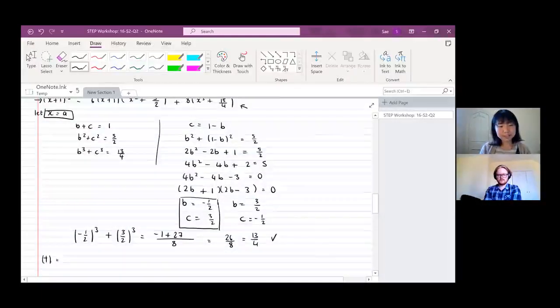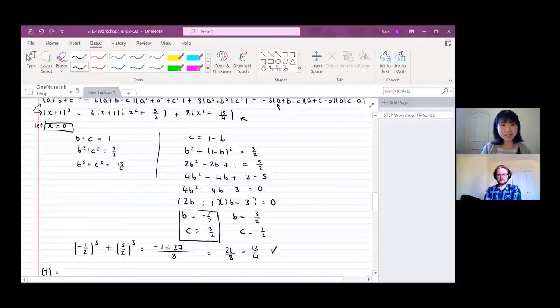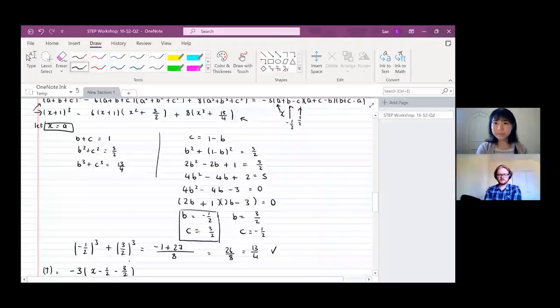And we know dagger is equal to, haven't quite left myself enough space for this, minus 3. We said that a is equal to x. We said b is equal to minus a half, and c is equal to 3 over 2. So that's minus a half minus 3 over 2. And then what do we have? My chat box is currently covering it up.